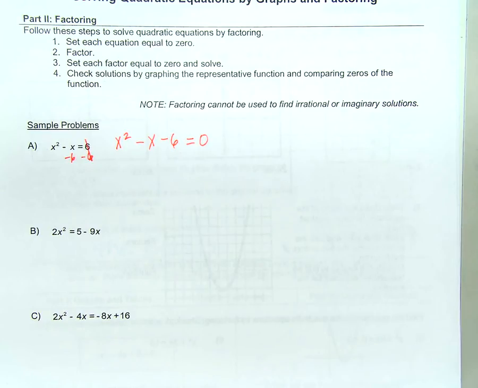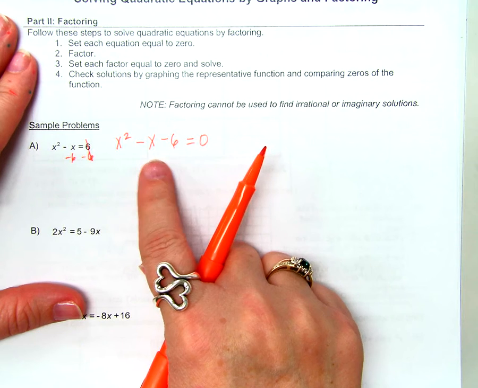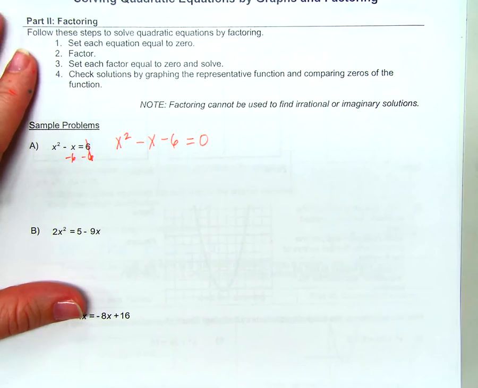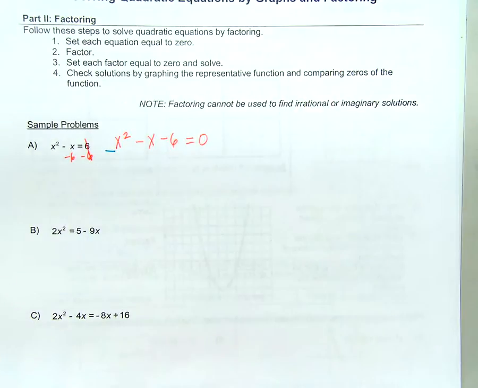So the first thing that we recognize, hopefully, is that we have a trinomial. Do you recognize that? Is that a trinomial? Yes. The second thing we recognize is, what is the leading coefficient? A 1. When the leading coefficient of a trinomial is 1, we factor things a certain way.